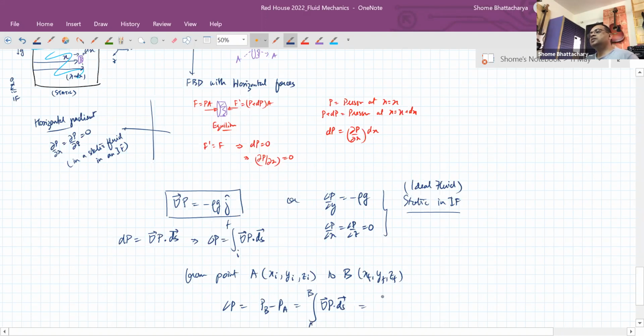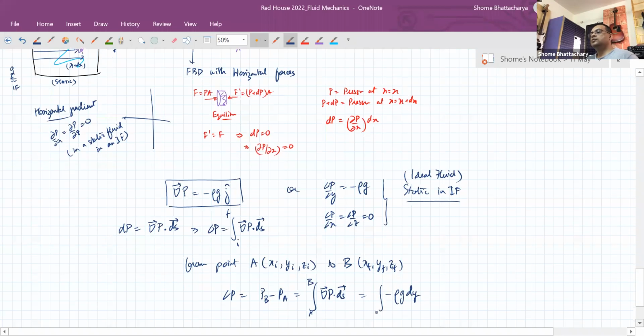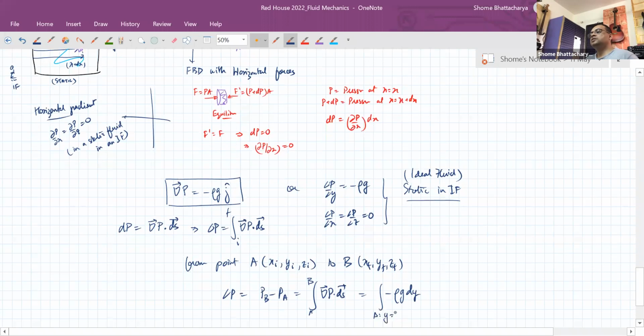So that will simply result in over here minus rho g dy from A, which means y is equal to y initial, to B, y is equal to y final. Okay, because of this.